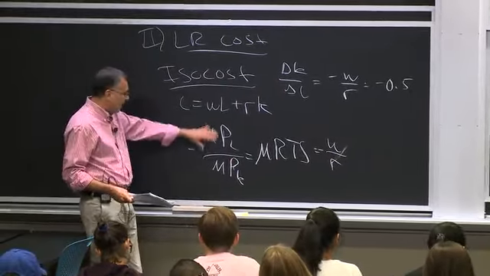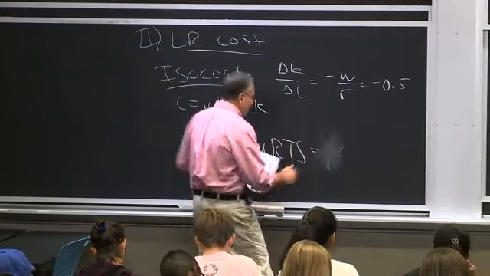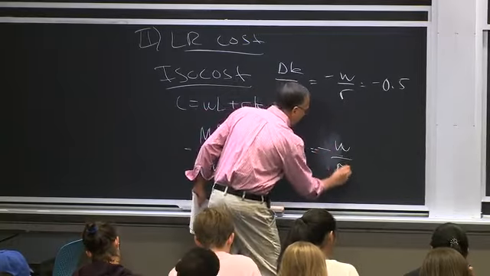So MPL over MPK, the marginal rate of technical substitution, is equal to W over R.